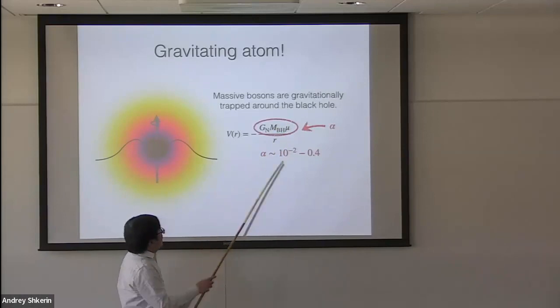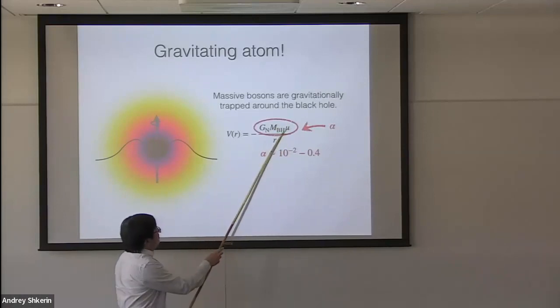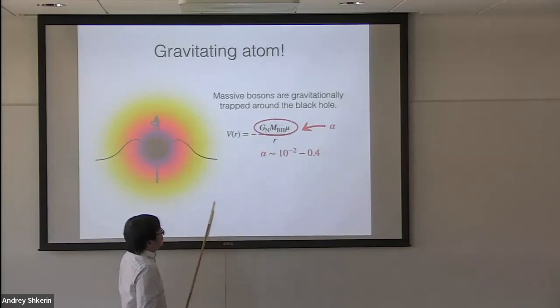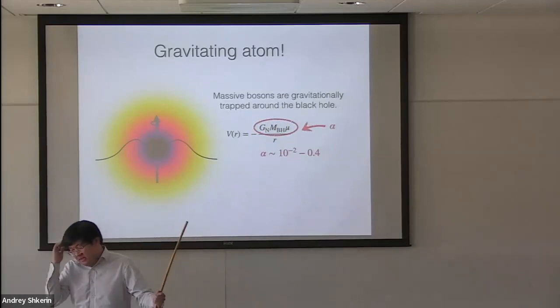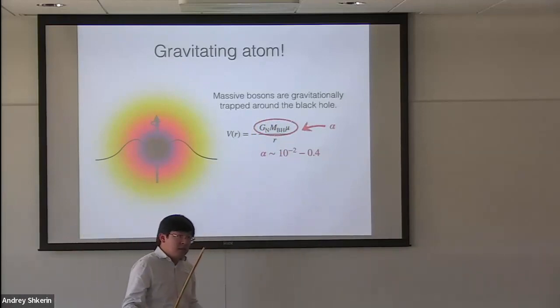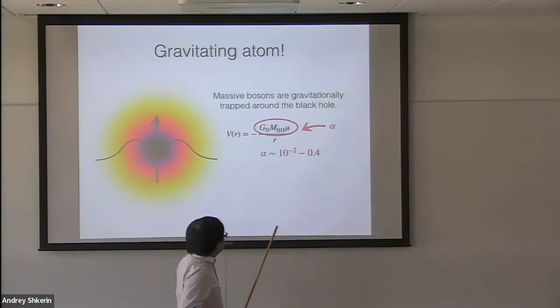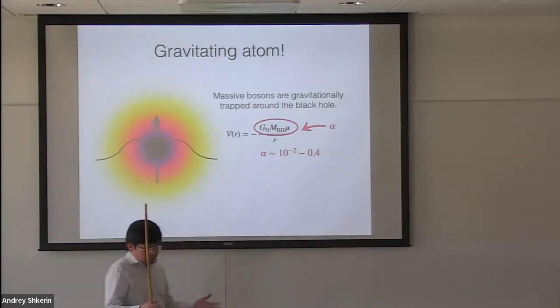At the top, we'll mostly be talking about solar mass black holes. So this combination is roughly a kilometer. So we'll be looking at dark photons with mass of order 10 to the minus 11 eV or somewhere around that, where the wavelength of the particle is comparable to the black hole wavelength.